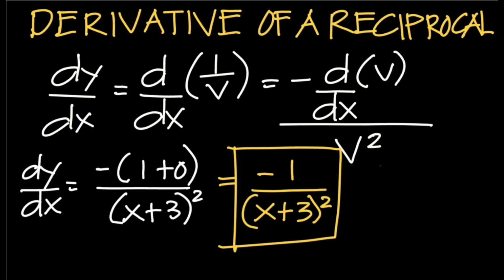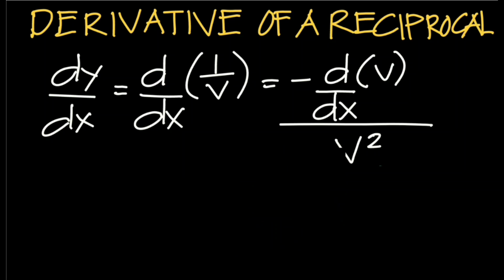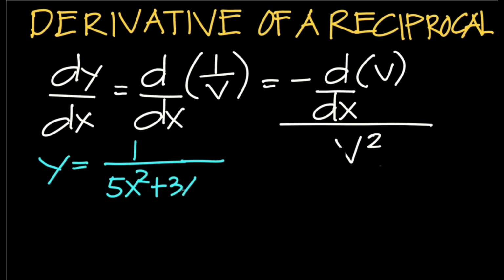Now let's solve another problem. Let's say we're given this function y equals 1 over 5x squared plus 3x minus 1. And we need to find the derivative of y with respect to x.